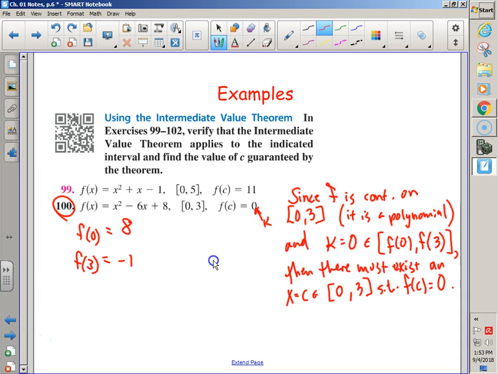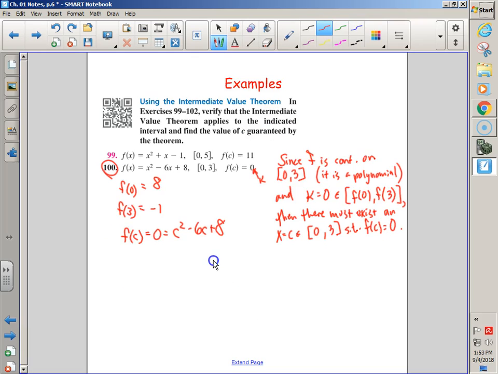Well, how do we find c? When does f of c equal 0? Who are we setting equal to 0 back here? F of x. Good. So we're going to say f of c. Well, we're setting that equal to 0, which means c squared minus 6 times c plus 8. If you guys want to be super specific, you can just plug the c into the x spot. And all we have to do is solve.